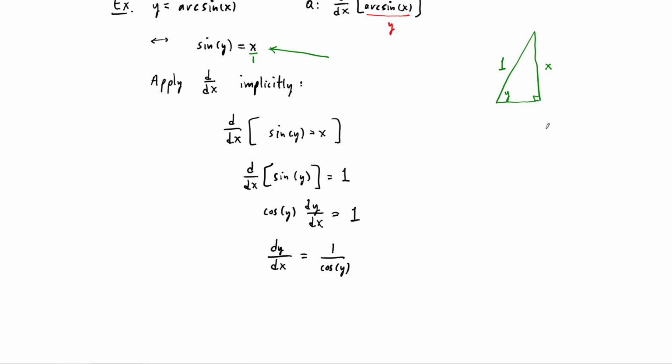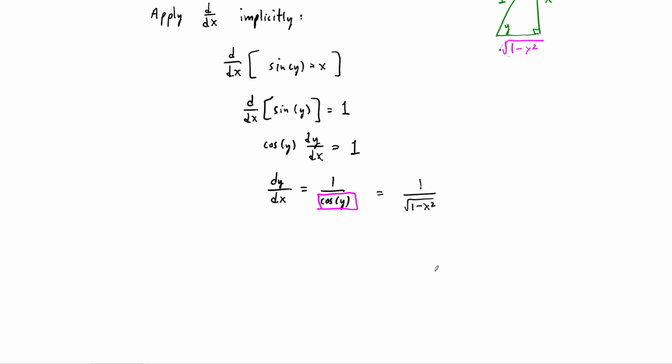If we go back down here, what we now want to know is the cosine of y. Well, that's the same angle y. The cosine is the adjacent over hypotenuse, so we just have to apply the Pythagorean theorem here. This is going to be the square root of 1 squared minus x squared. So what we end up with is that the derivative is equal to 1 over cosine of y, which is 1 over the square root of 1 minus x squared.